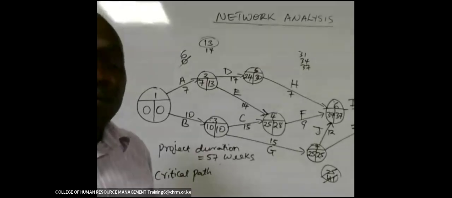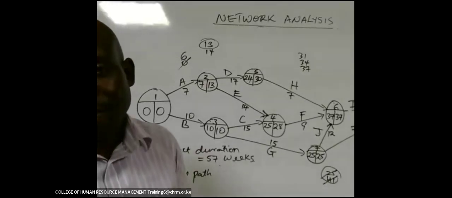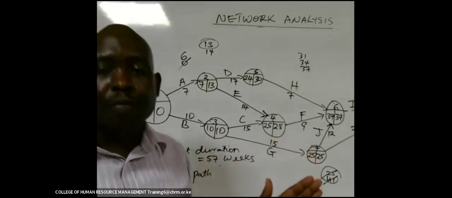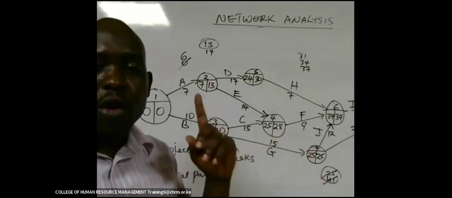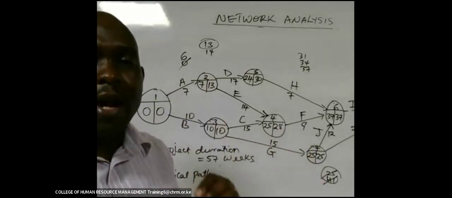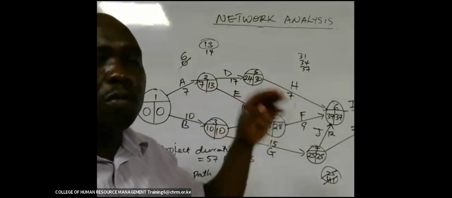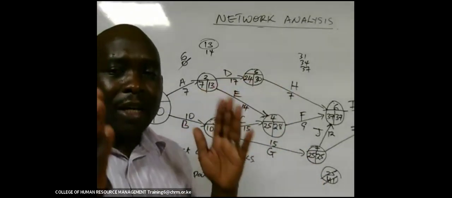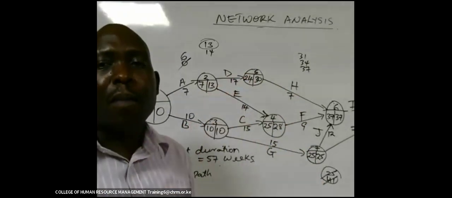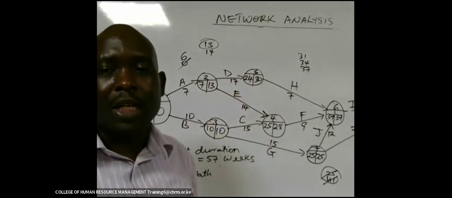But now, out of those many paths, one of them, only one, not all of them, is the critical path. Identify the one that is going to be critical. The activities on the critical path are known as the critical activities.